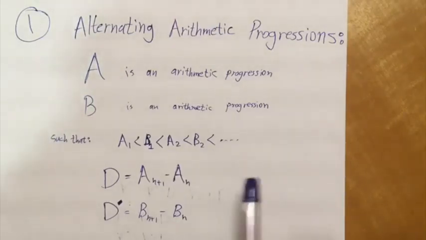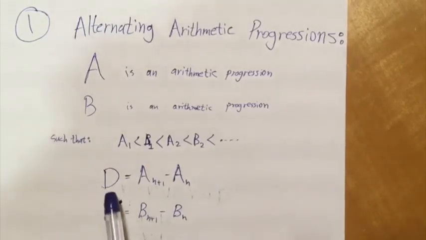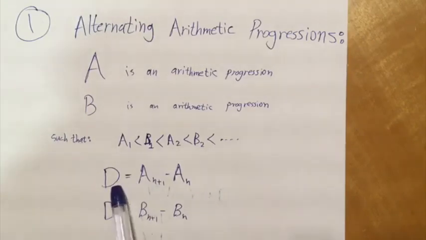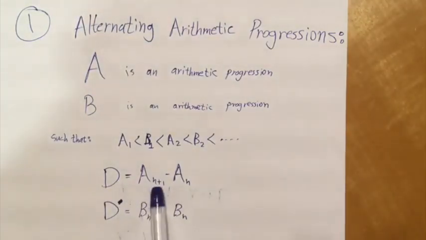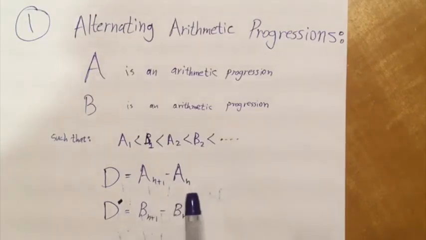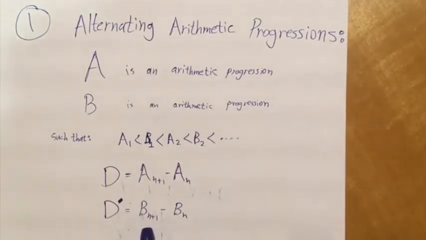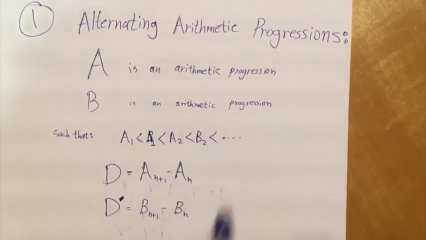But also, both are arithmetic progressions, namely there exist constants d and d prime, such that d equals a_{n+1} minus a_n, that's the common difference, and d prime is b_{n+1} minus b_n. That's what makes A and B arithmetic progressions. But they're alternating because they satisfy this property.